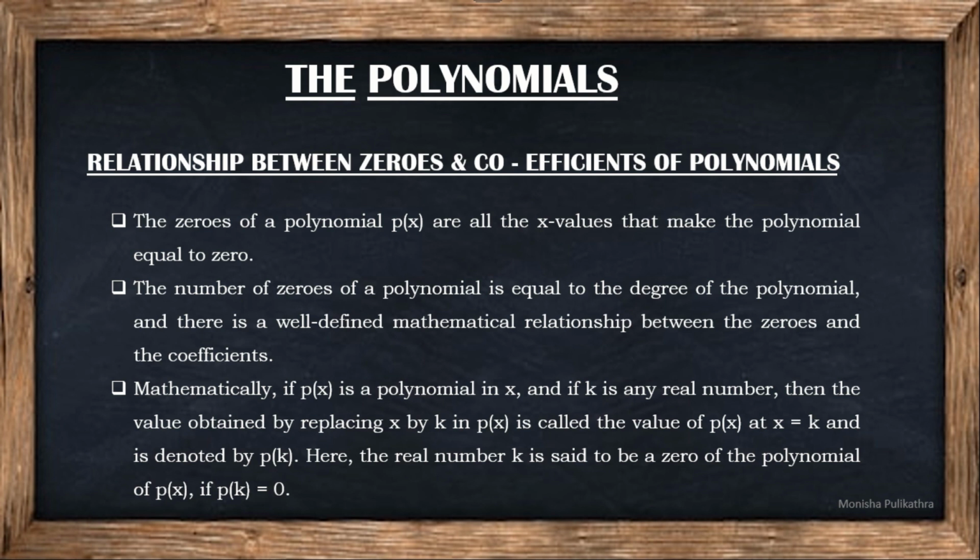If k is any real number, like minus 1, minus 2, 1, 2, 3, anything you can take, then the value obtained by replacing x by k in p of x is called the value of p of x at x is equal to k, and it is denoted by p of k. Here, the real number k is said to be a zero of the polynomial only if after solving, p of k becomes 0. Hope you understood this part very well.